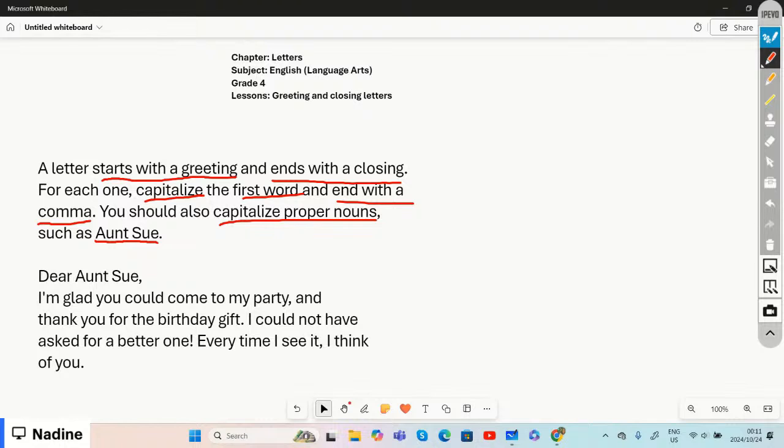And if we look at an example, here we have an example. So we're going to write a letter, or let's say you're writing an email, because nowadays emails are equivalent to writing letters, but electronically.